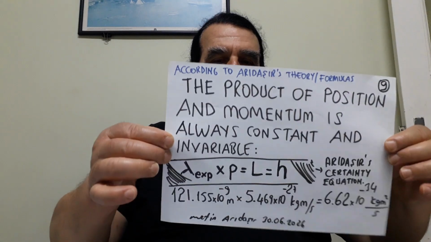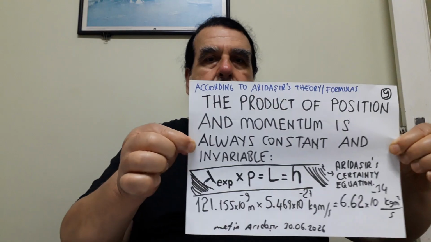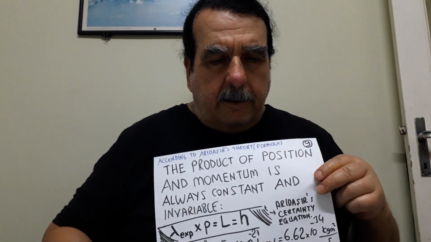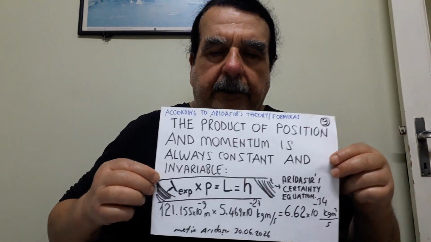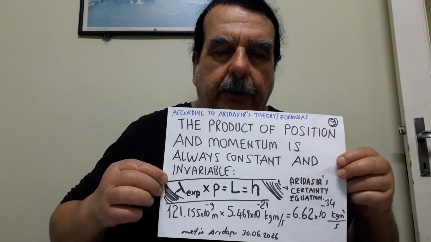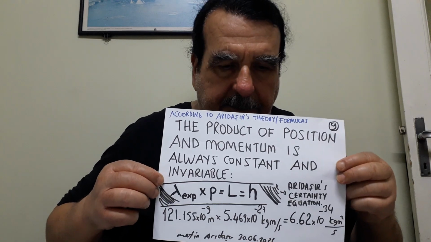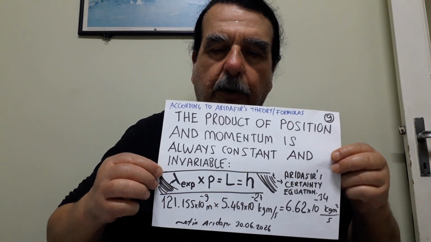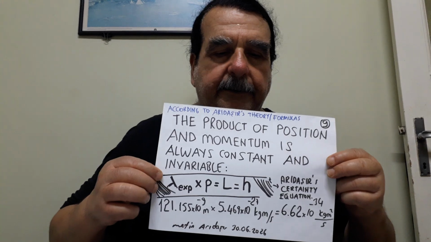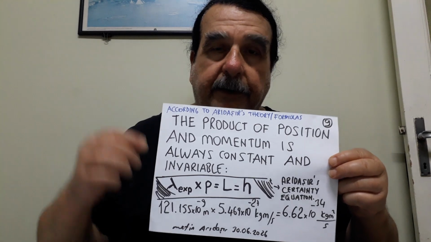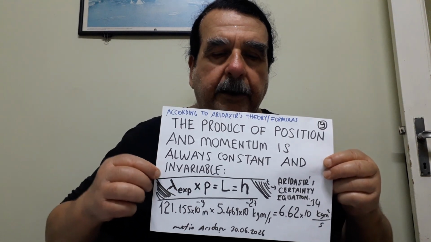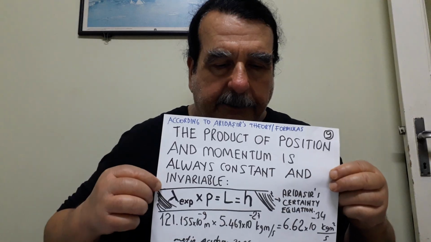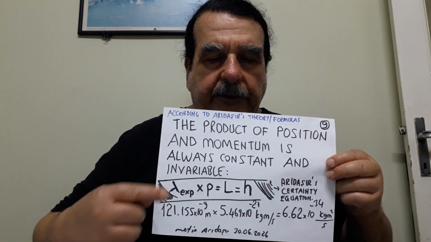9. Arıdaşır's certainty equation. Eventually, here it is. Position and momentum of every point on the electron can be determined certainly and simultaneously, and the product of position and momentum is always constant and invariable, is always angular momentum of electrophoton, in other words, Planck's constant. This is the certainty equation.